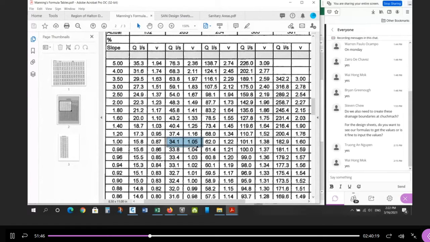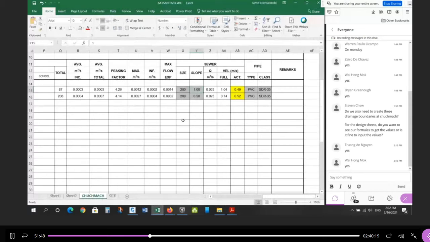So it's 34 and 105. If you go to the spreadsheet, you'll notice it's 33 and 104. It's almost the same. The difference is, when I'm designing, I use the nominal pipe size, a 200 pipe. When you go to the store to buy a 200 millimeter pipe, it's actually an 8-inch pipe, which converts to something a little bit bigger than 200.